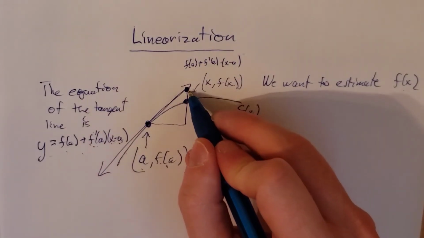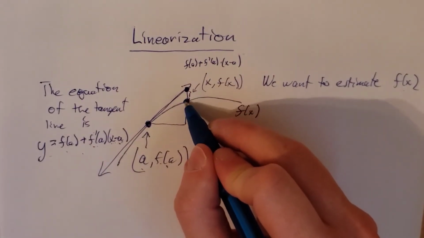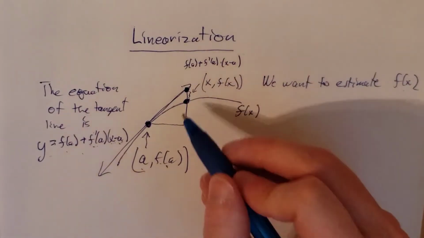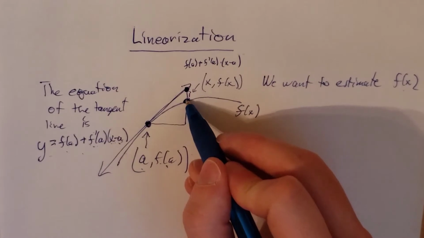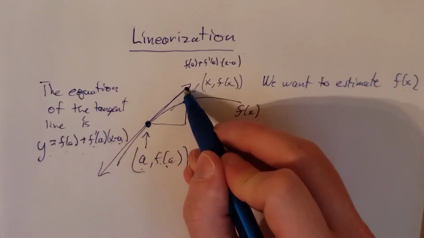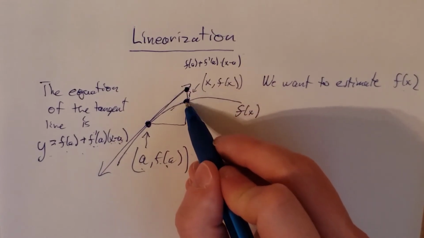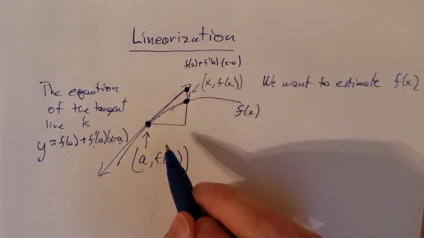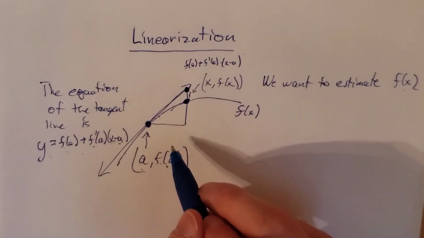And notice that we're off by some amount from the true y value, but it's pretty close. When this x value is close to a, this value can approximate this value. And in fact, the closer we get to a, the better the approximation is.